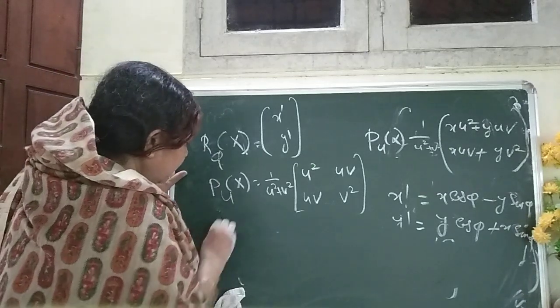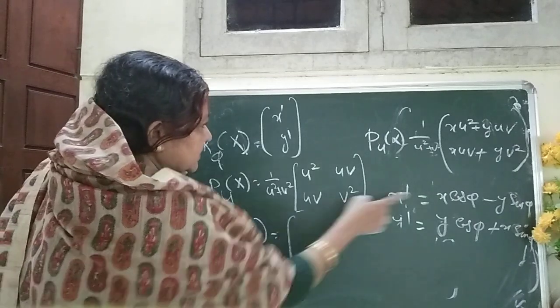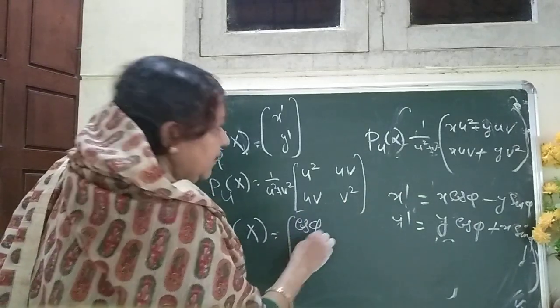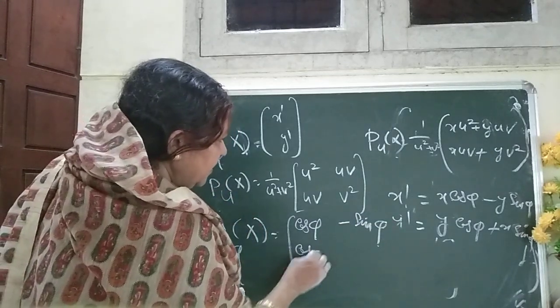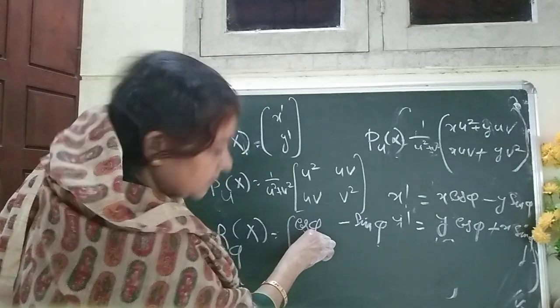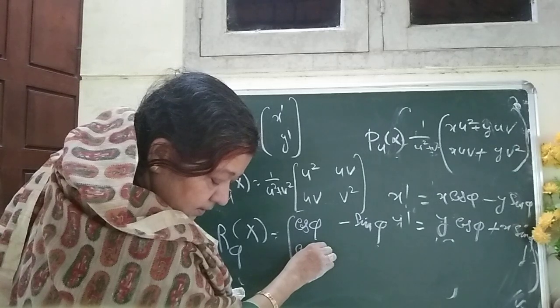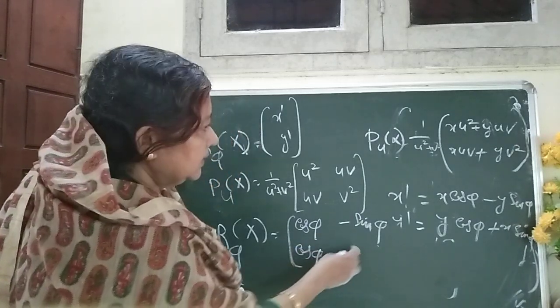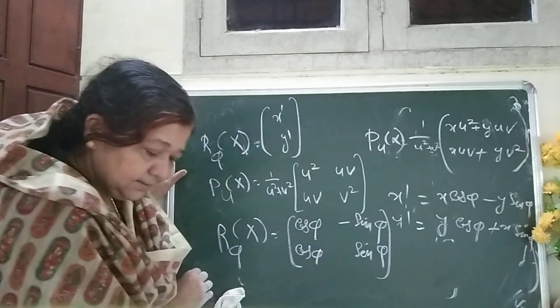For rotation, R_φ of x has the matrix cos φ, minus sin φ, sin φ, cos φ. That is the transformation.